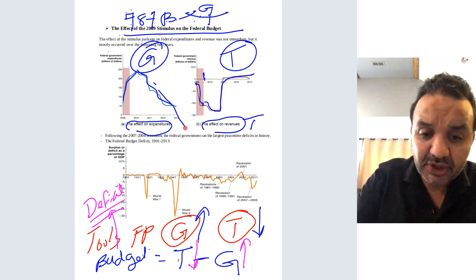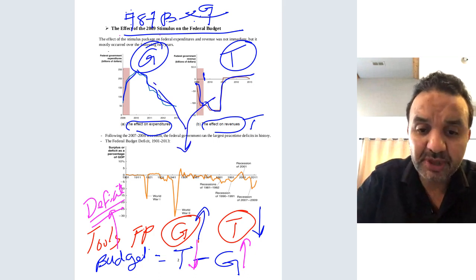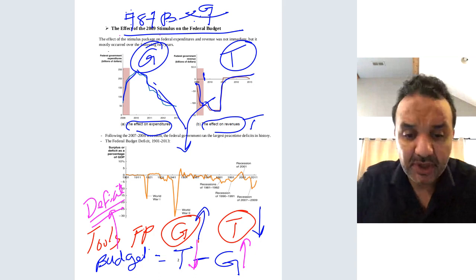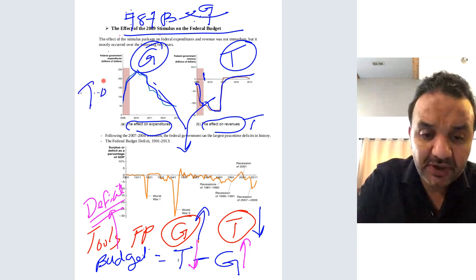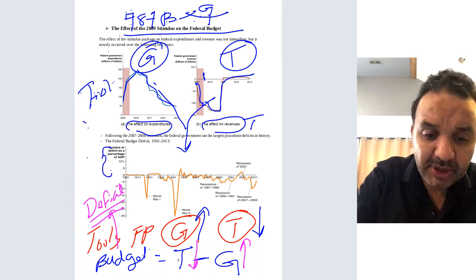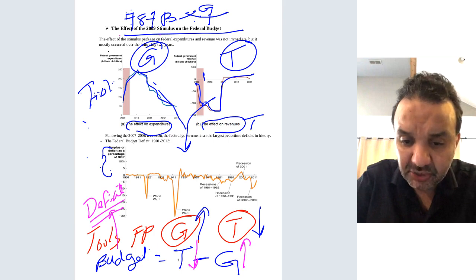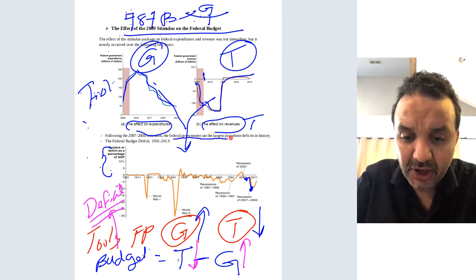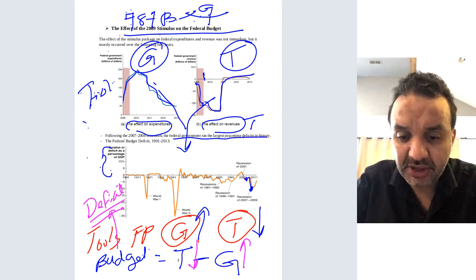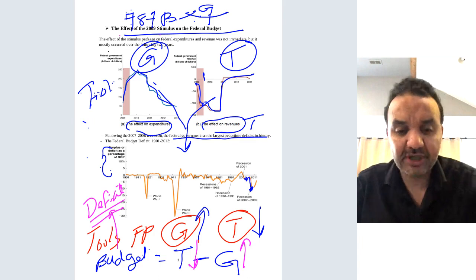Because of these two tools, which are the tools of the fiscal policy, this is the impact on the budget. Here the budget starts to run into deficit, and this was the deficit. And as you can see, the federal budget ran the largest peacetime deficit in history in 2008, 2009 because of the Obama stimulus package.